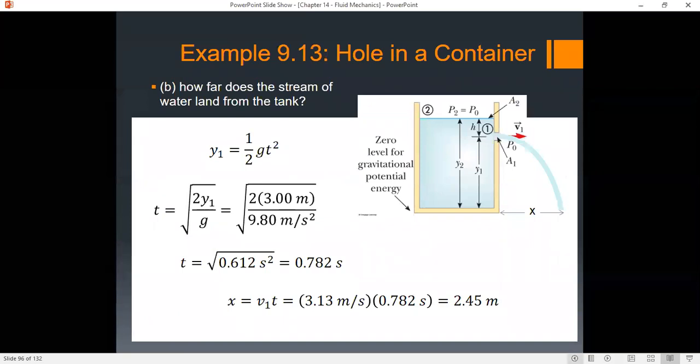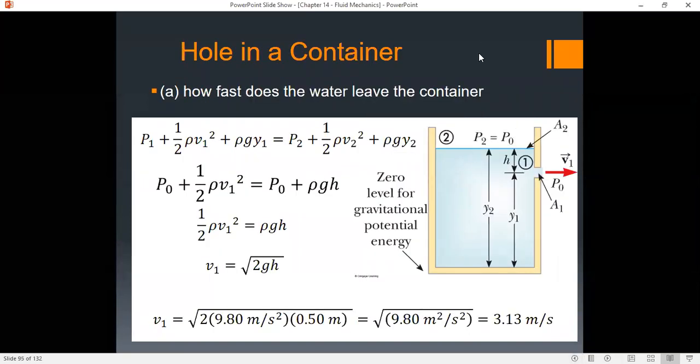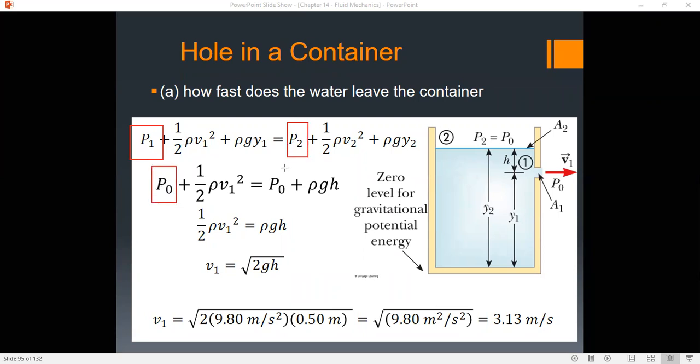So we're going to convert potential energy into kinetic energy. Now, everything's at the same pressure. So we will say that P1 is equal to P2, so we can subtract that out. They're both at atmospheric pressure, so there's no difference right there.